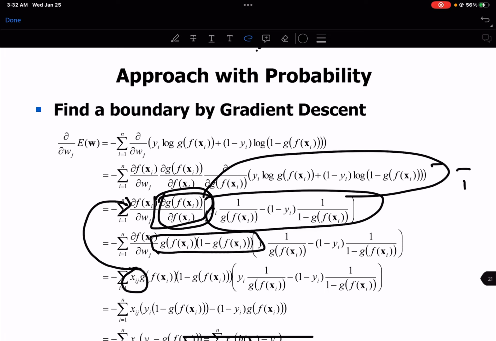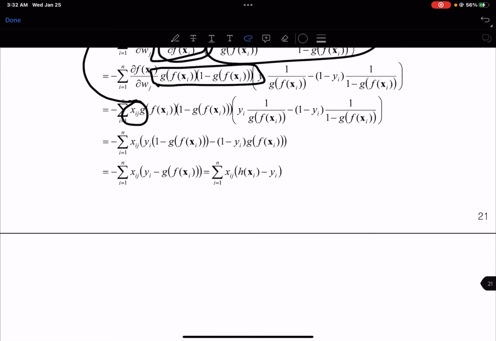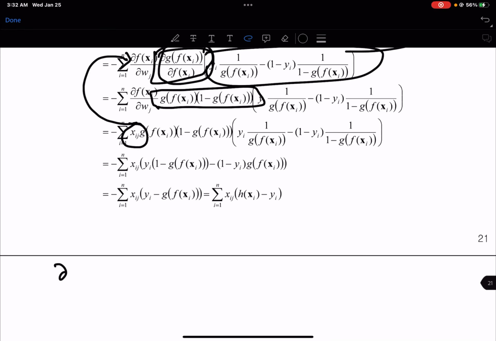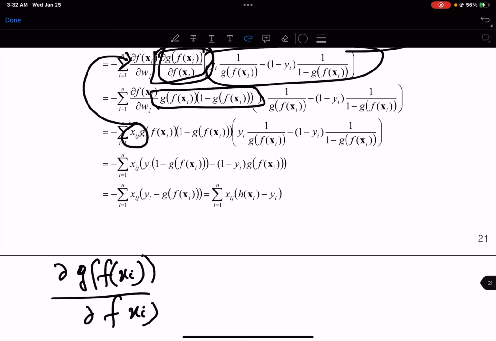It will follow the same pattern as I discussed before for h of x with respect to f of x. Now we have g of f of xi with respect to f of xi.